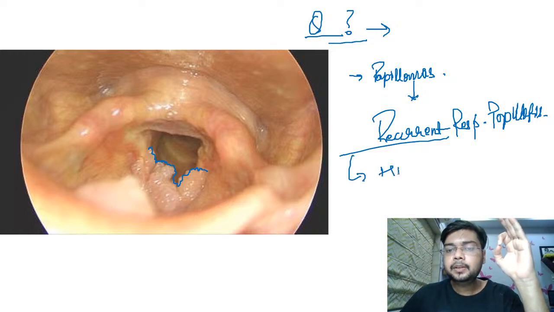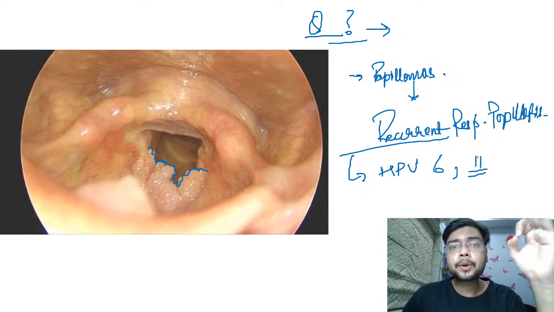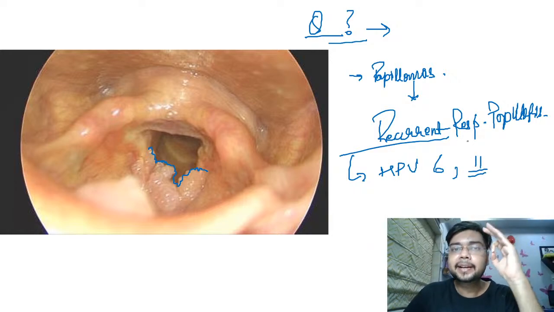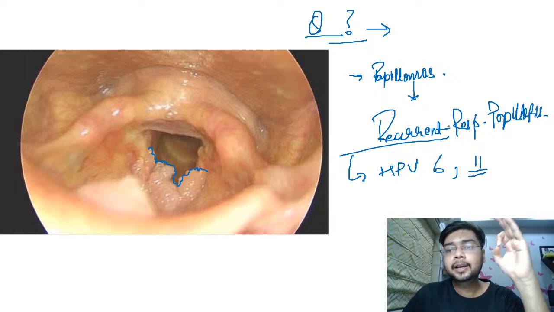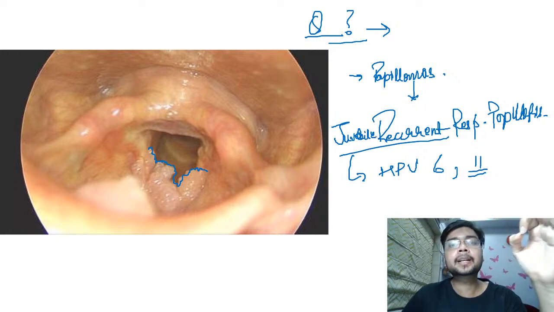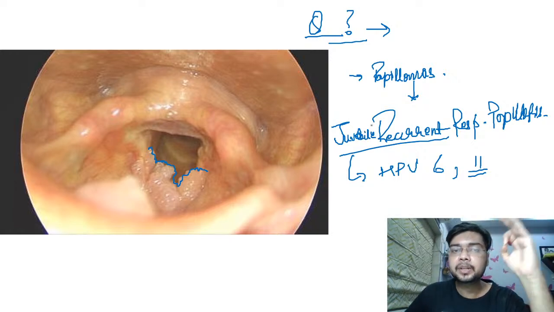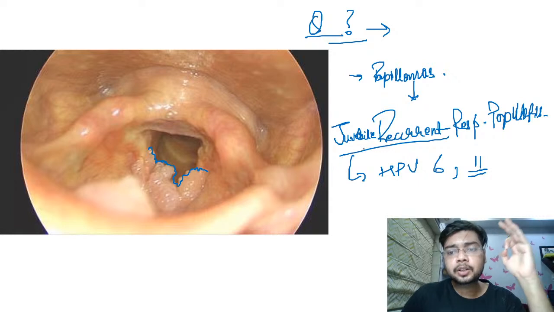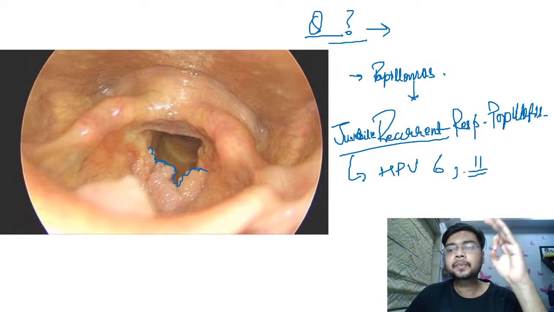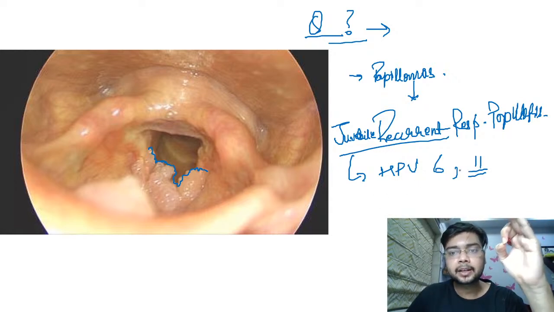HPV 6 and 11 are more prone to cause recurrent respiratory papillomatosis in children, and that is why it is called juvenile recurrent respiratory papillomatosis, seen in children due to HPV 6 and 11, right?